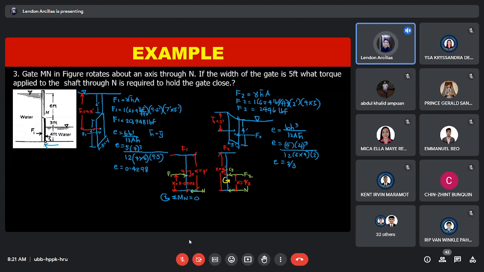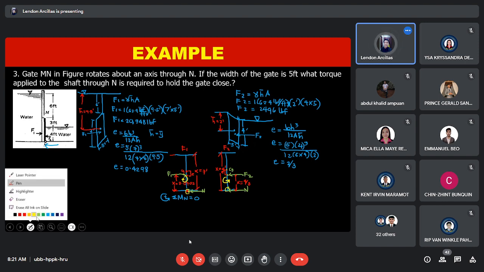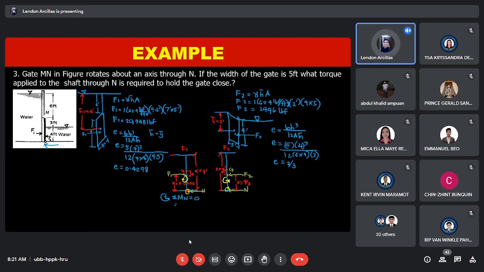Ang reaction ng F1 sa N is clockwise. Of course, yung N is positive. Okay. So, unahin natin yung positive which is F2 kasi counterclockwise siya times yung ating lever arm niya which is 4/3. May minus yung ating F1 kasi clockwise siya. And then yung lever arm niya is 3.0702 from N. Next is N is positive.